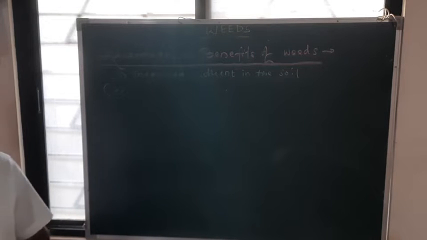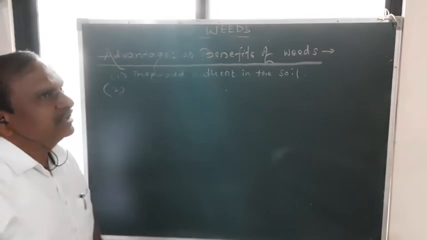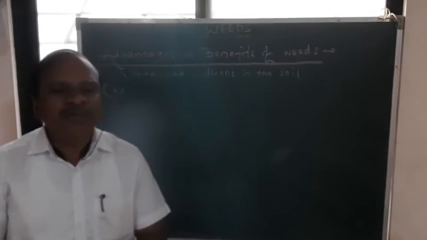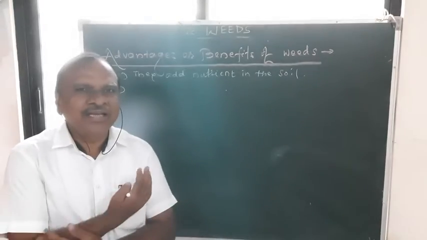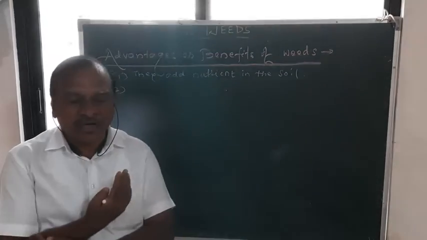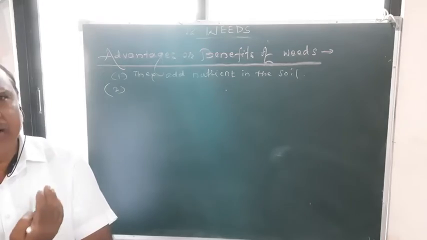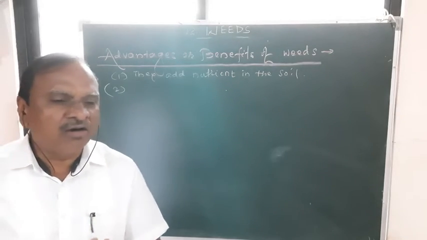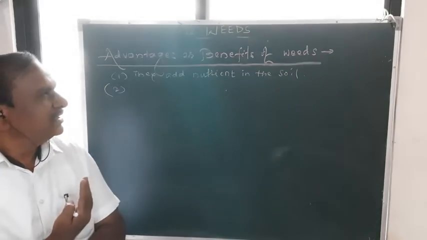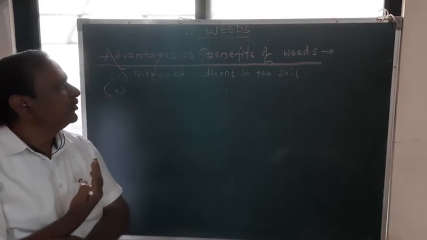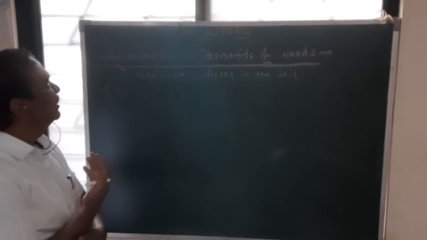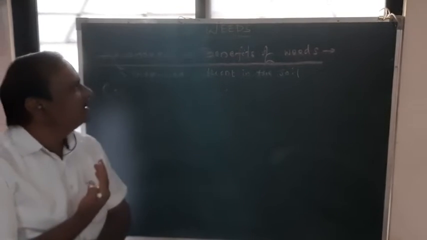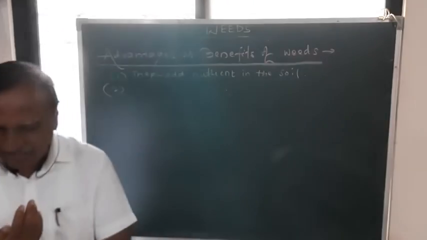Then leguminous weeds also fix atmospheric nitrogen. Means the rhizobium type of bacteria absorb atmospheric nitrogen and convert it into ammoniacal or nitrate form. This is also helpful for the soil.